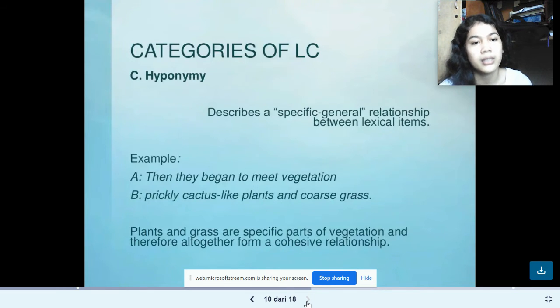We can see the example there, with two sentences: then they began to make vegetation, prickly cactus-like plant, and coarse grass. So the explanation of the example is that plant and grass are specific parts of vegetation and therefore altogether form the cohesive relationship.